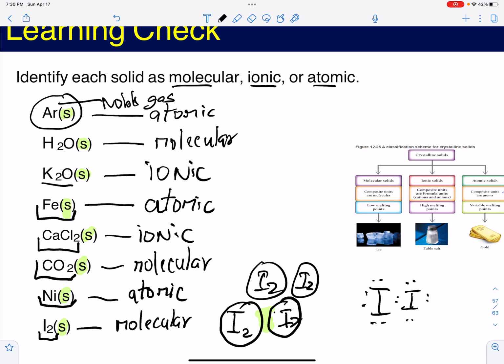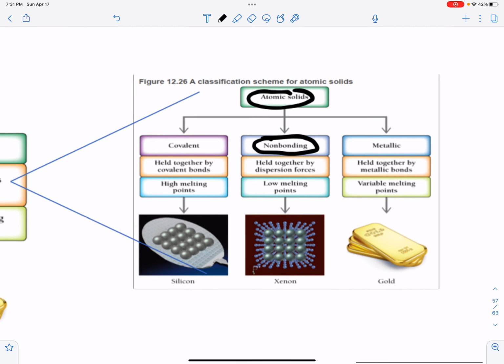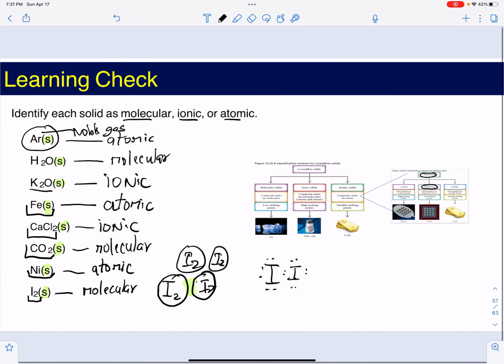So that's how you classify the different types of solids. So remember, molecular, ionic, or atomic. And if you're not sure about the atomic, check the subtable that tells you more about that. So, based on that, if I wanted to say which one has the stronger forces, I will start with the ionics, strong force.